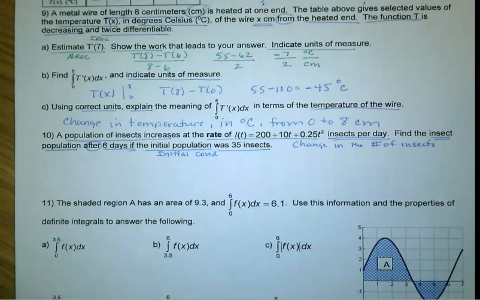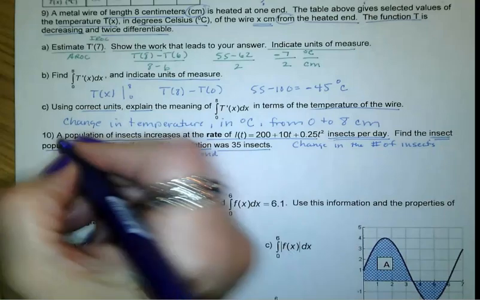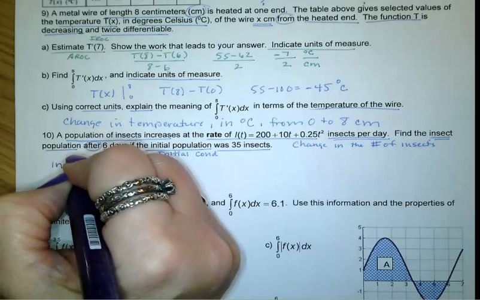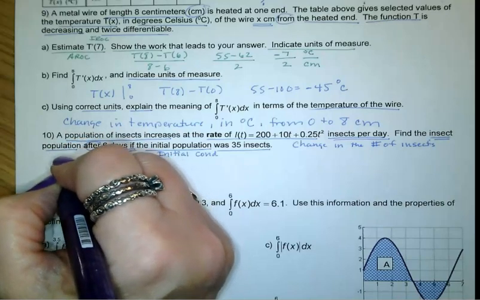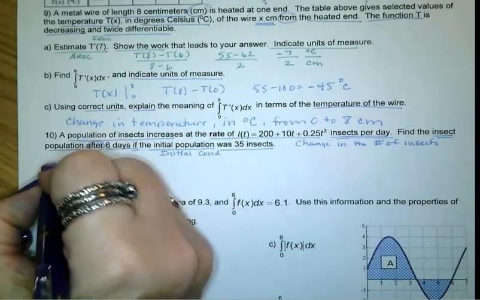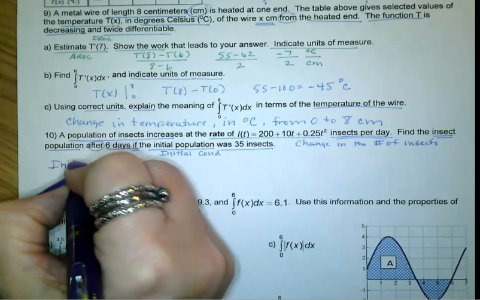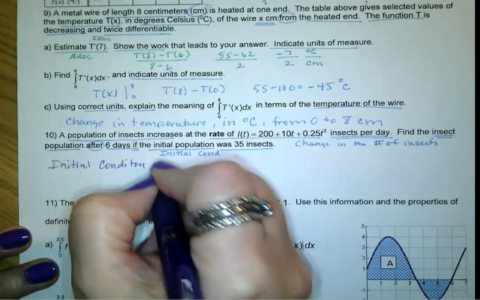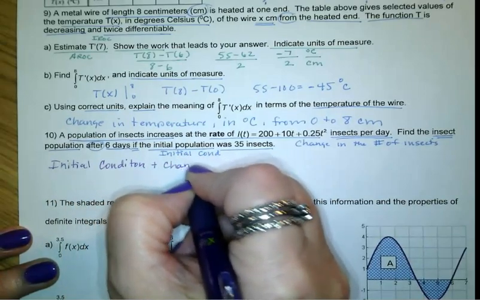So it's the change in the number of insects. Okay. So as you can see, we have initial condition here, right? The initial condition is going to happen first. So remember, we do the initial condition plus the change.